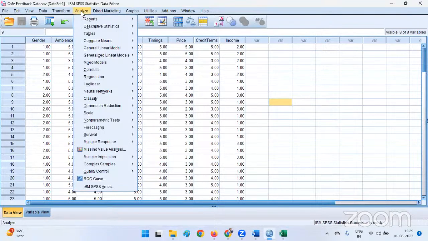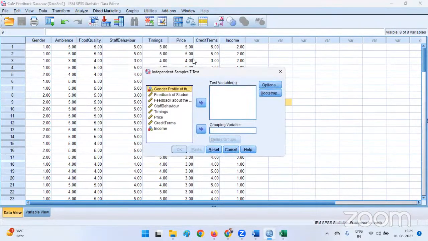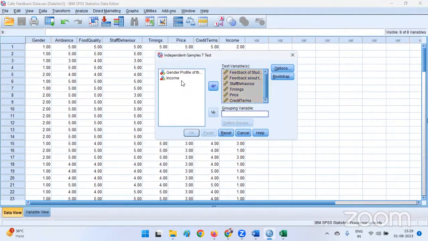All right. So I go to analyze. In analyze, I compare the means. Now independent sample t-test. In the independent sample t-test, I put all the test variables. Test variables means the ambience, the satisfaction, the this and that till credit terms. In grouping variable, I put gender.